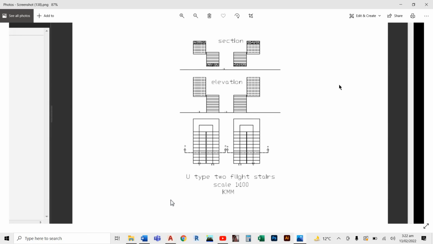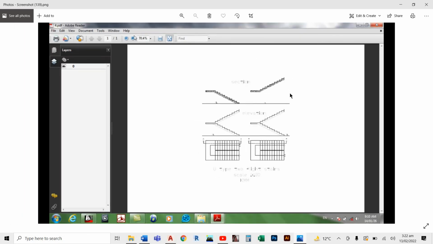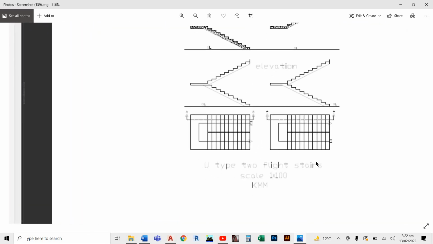Then we have actually the U-type two-flight stair here also, but on the other side. It's also a U-type stair. Here you should know which part is called flight and which part is called landing. You go up on this side and you go down on this side, and it's an elevation.